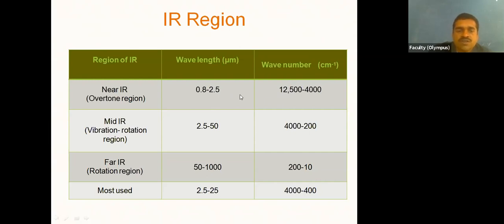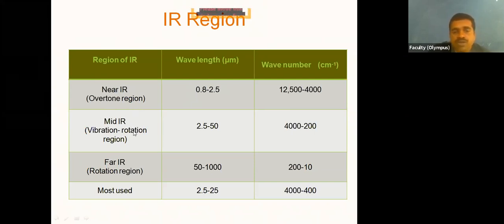Near means it is near to visible radiation, just after visible radiations, from 800 nanometer to 2,500 nanometer. It is called the near infrared region, or the overtone region also.